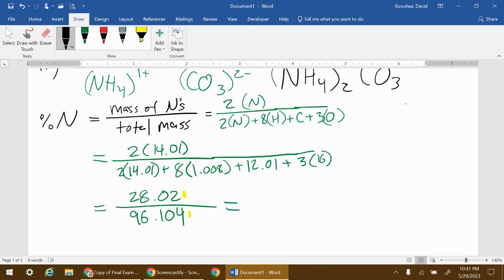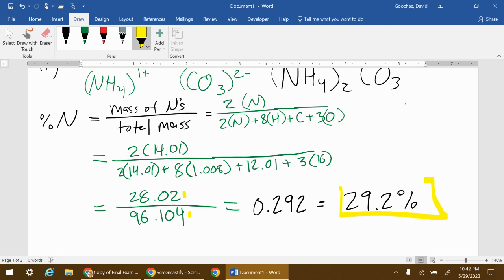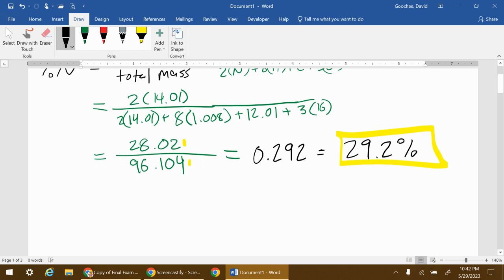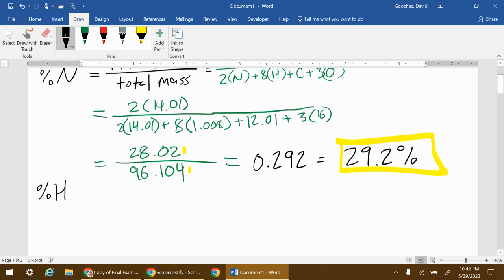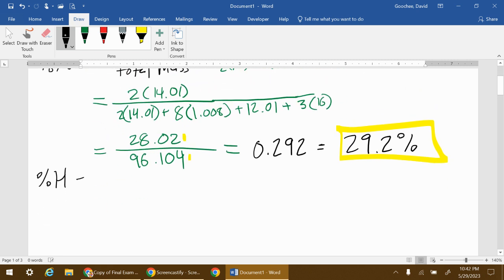The percent of nitrogen in this compound is 0.292, which is equal to 29.2%. All right, that's the percentage of nitrogen. Let's find the percentage of hydrogen. Now, the hardest one is the first one. After that, it gets a lot easier. So let's take a look and see why that is.